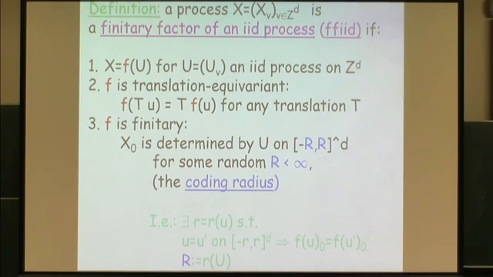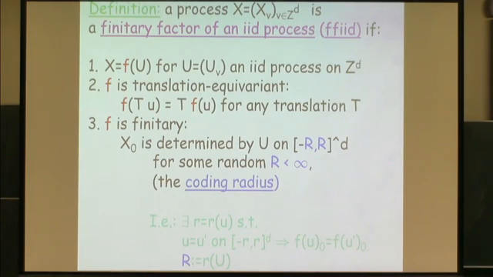So you have your function which takes as input a bunch of IID random variables and spits out a coloring, and I want it to be the case that if you shifted all the IID random variables to the right by one, then you would end up with a coloring shifted to the right by one. It's very natural. It just says the function doesn't treat the origin in a special way, it just does the same thing everywhere. So that, of course, guarantees that X will be stationary if 1 and 2 are true.